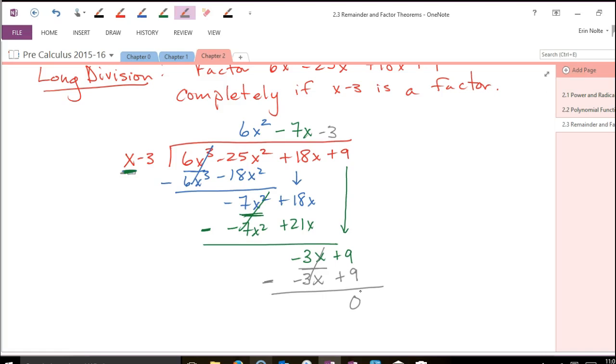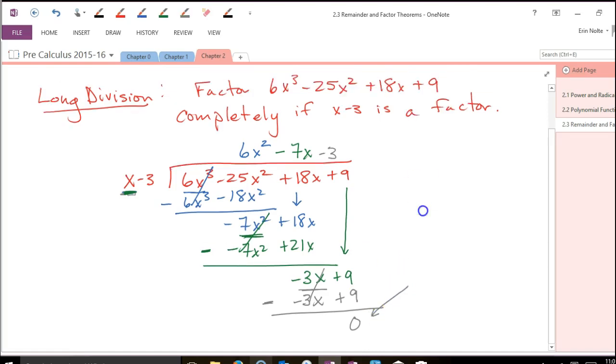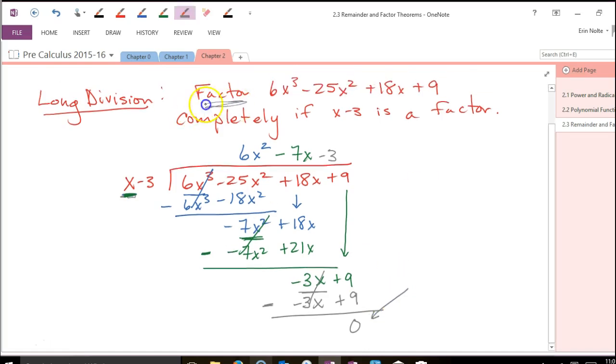Very good. Now here is a really, really important part of this. The only time you ever completely factor, or factor for that matter, is if you get a remainder of 0. If you end up getting a remainder of any other number, then it is not a factor of the quantity that you just divided. Everybody got that?